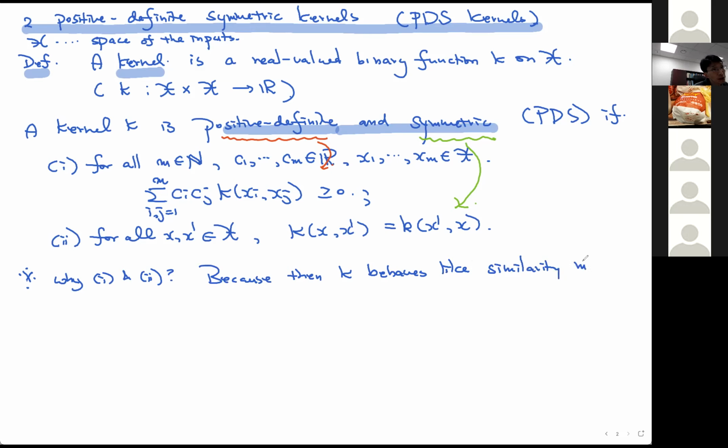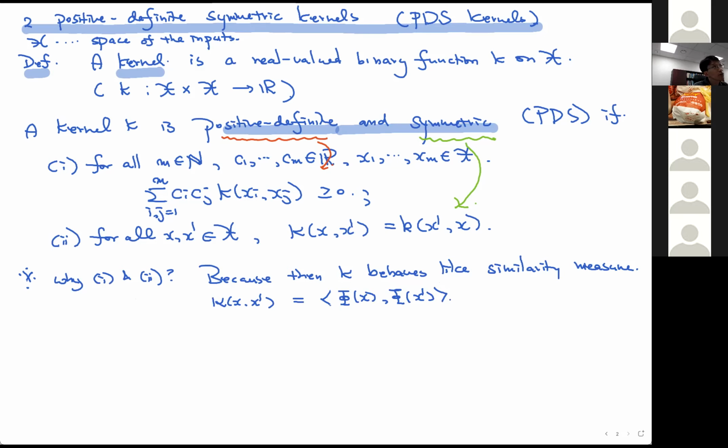More mathematically, if properties 1 and 2 are true, then K(x, x prime) will always have this form: computing the inner product after embedding x and x prime into some feature space. That's why we impose 1 and 2.